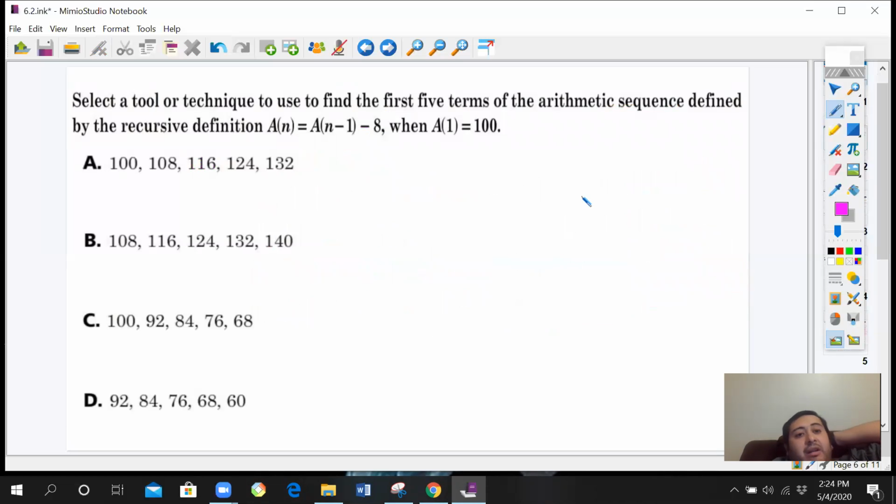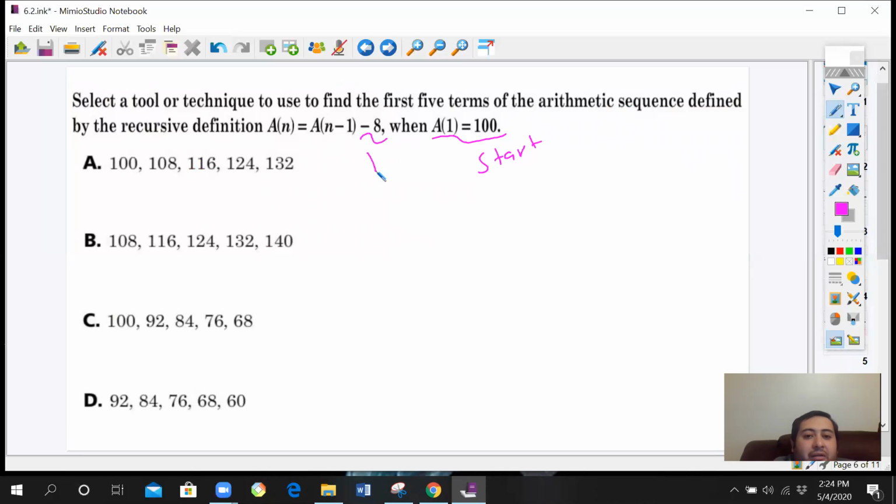All right, so select a tool or technique to find the first 5 terms of the arithmetic sequence defined by the recursive definition: an equals an minus 1 minus 8 when a1 equals 100. So this is how you're starting. Again, start. That's your initial.